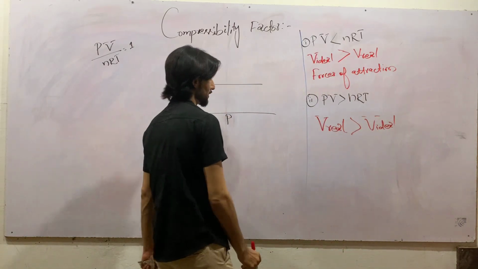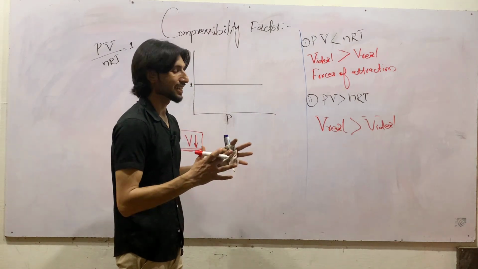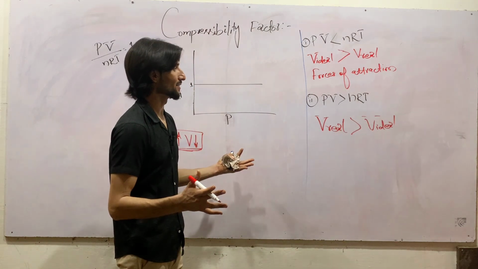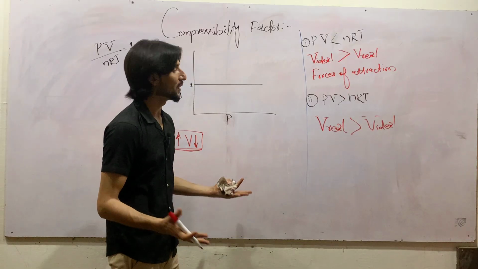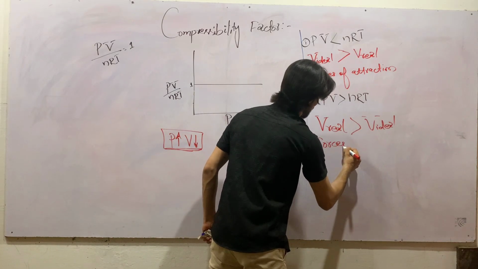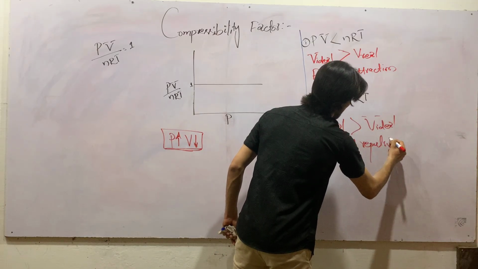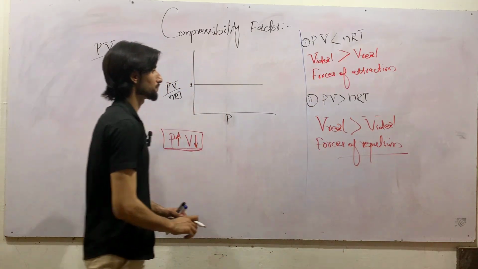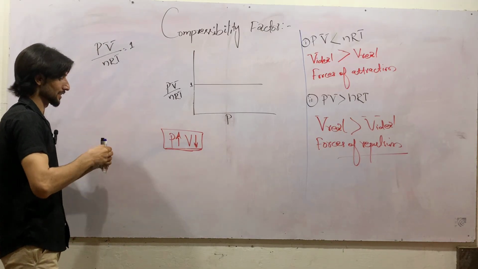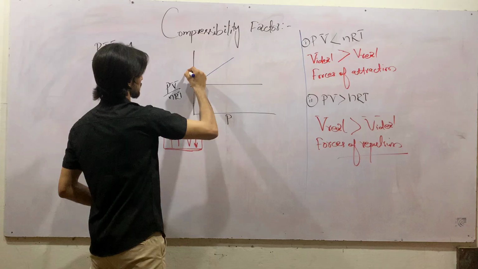Okay, if V real is greater than V ideal, it means there is repulsion among the molecules rather than attraction. So forces of repulsion among the molecules.